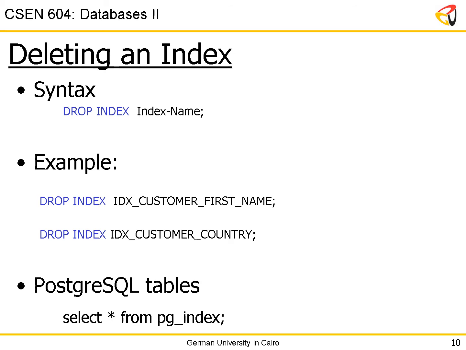It will slow things a little bit in the insert, update, and delete, because now we have the information stored in two places, in the index and in the table. If you insert a new row, you have to insert it in the table and in the index. If you delete a row or rows, you have to delete it from the table and also from the index.